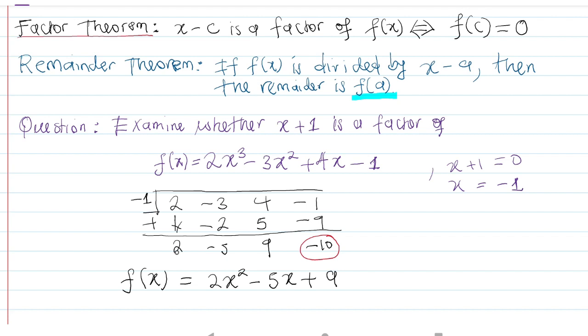Okay, so this is 2x squared, then minus 5x plus 9. Then the remainder is, we said, negative. Okay, so this is minus, then the remainder 10 divided by x plus 1, in that order.